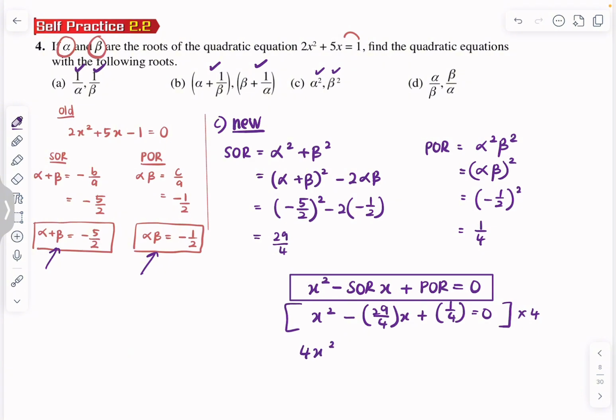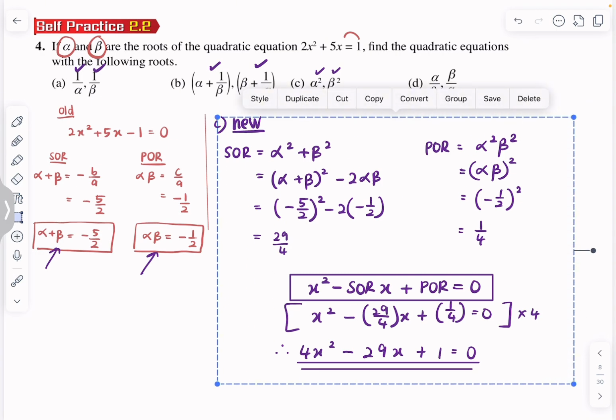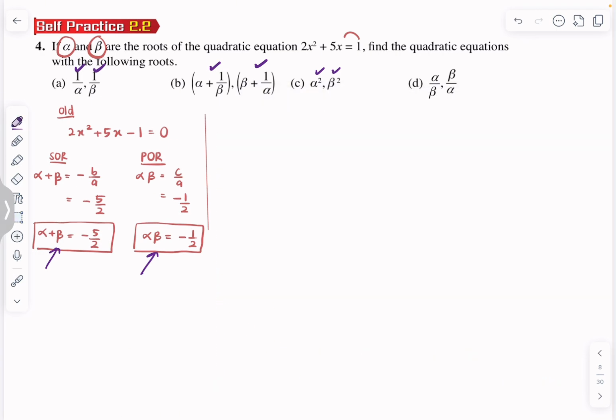So this will help us get rid of the denominator. This will be our answer. This is question C. Then we look at D.